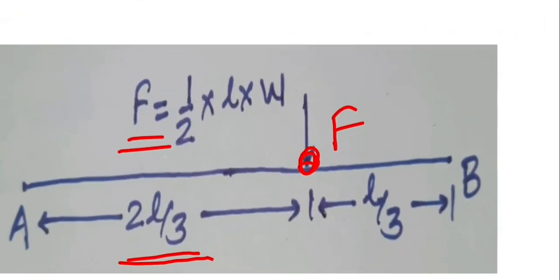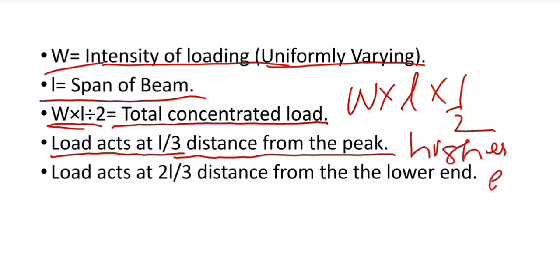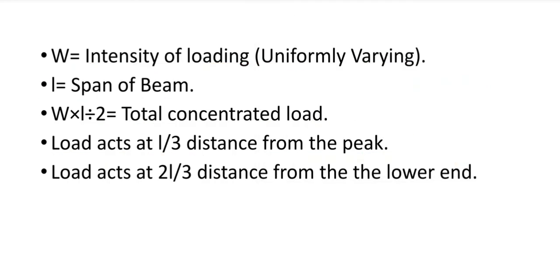Okay, see here, load acts at L by 3 distance from the peak or from the higher end. Okay, and load acts at 2L by 3 distance from the lower end.